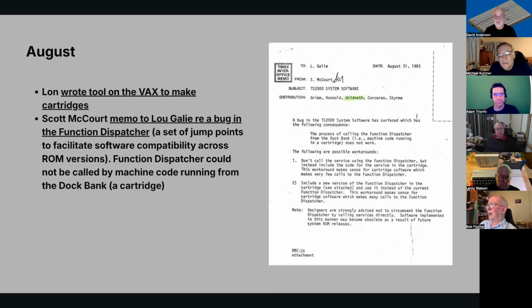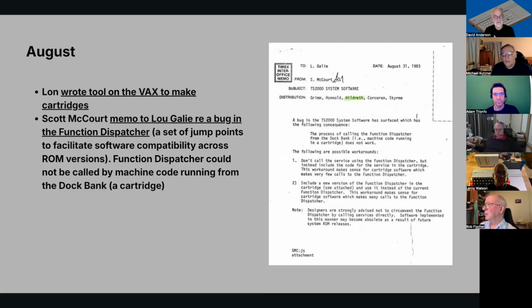And it was at this point that there was kind of a showstopper. This is kind of a big bug: there was a feature in the 2068 not present in the Spectrum, called the function dispatcher.